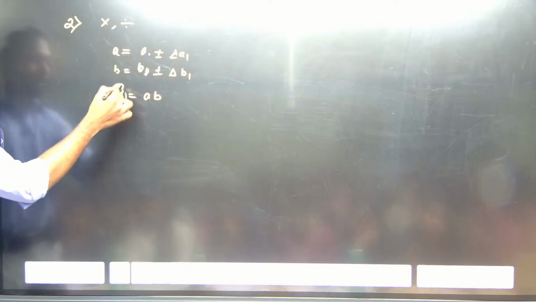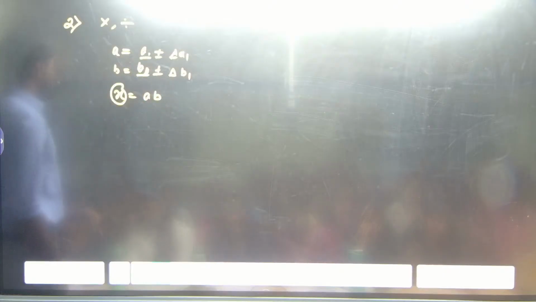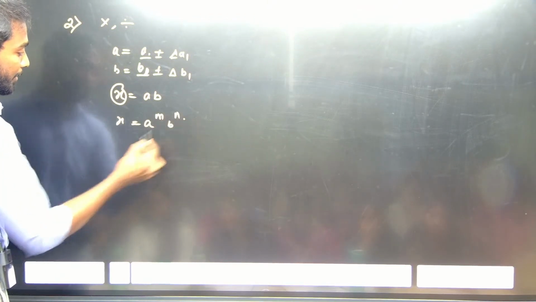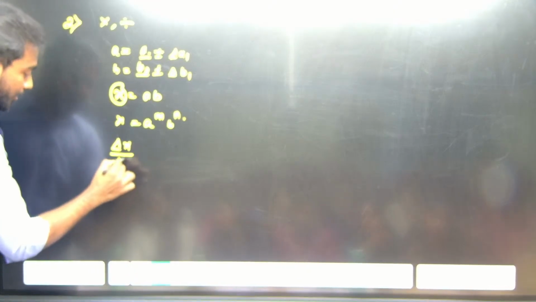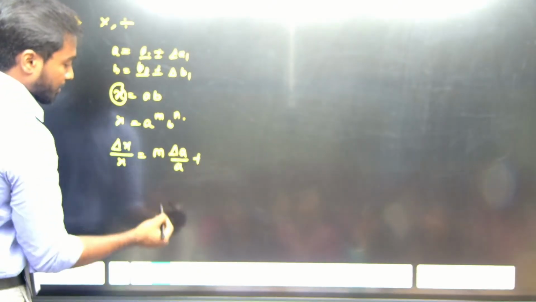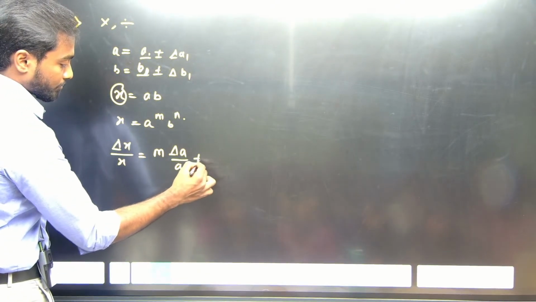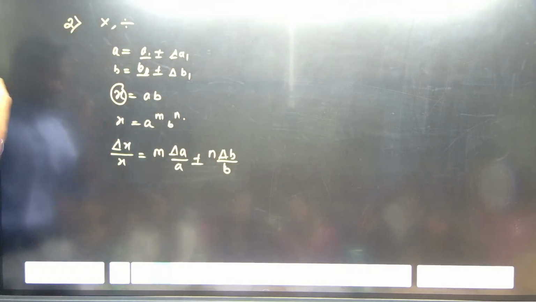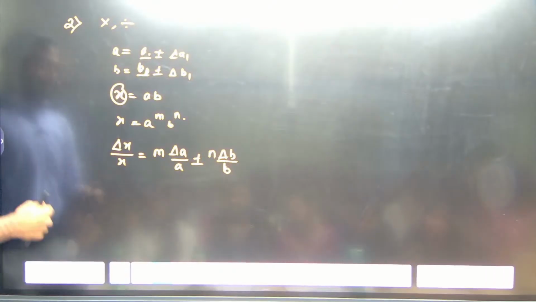So I can find x for a1 into b1, but we don't know the delta a1, delta b1 in terms of x. To find that, the formula is: x equals a power m b power n can be written as delta x by x equals m into delta a by a plus n into delta b by b, plus or minus. Okay, so now I will give the question.